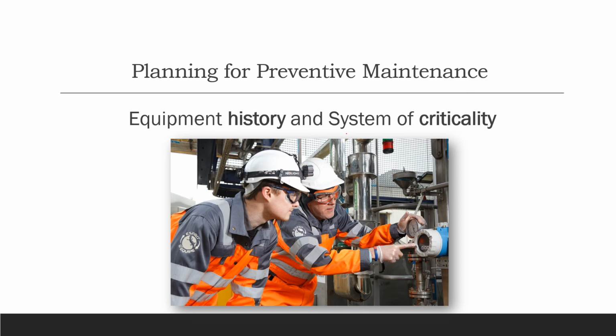So that's what we call planning for preventive maintenance. We plan by using the equipment history data and the system criticality groups, and we check these points in the system so the system will be safe and will be running in working condition.